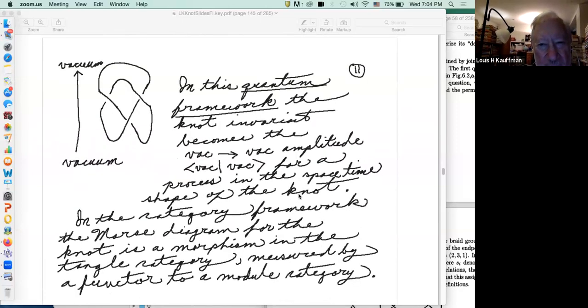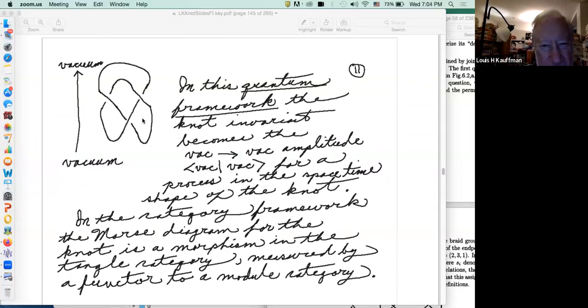So then you're looking at a knot, and from this point of view, time goes this way, space goes this way, but we're thinking of it in 2 dimensions. And we go from the vacuum to the vacuum. And we have creations of particles, then they interact, and then they annihilate. And each part has a matrix.